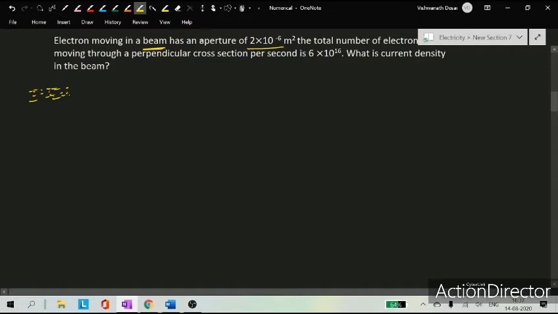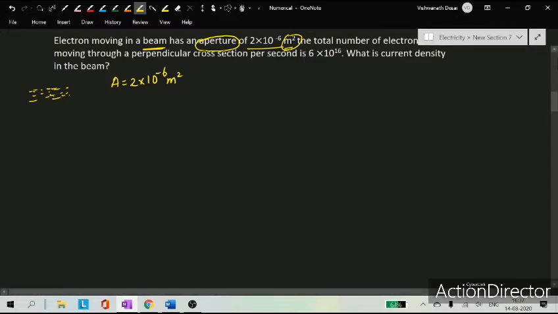Aperture is nothing but area. If you don't know what aperture is, just have a look at the unit: meter square is actually the unit of area, right? So what they have given here is the area A is equal to 2 into 10 to the power minus 6 meter square.